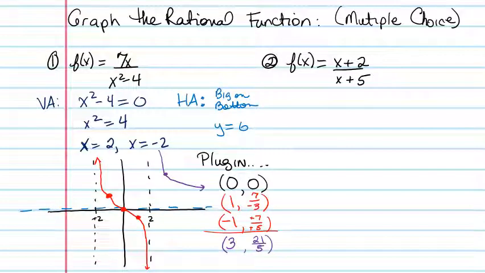Something that looks like that, just following my asymptotes. And if I plug in a negative 3, then I will probably get a negative 21 over 5. So probably down here, and it's going to follow my asymptotes as well. That's what the asymptotes are for.